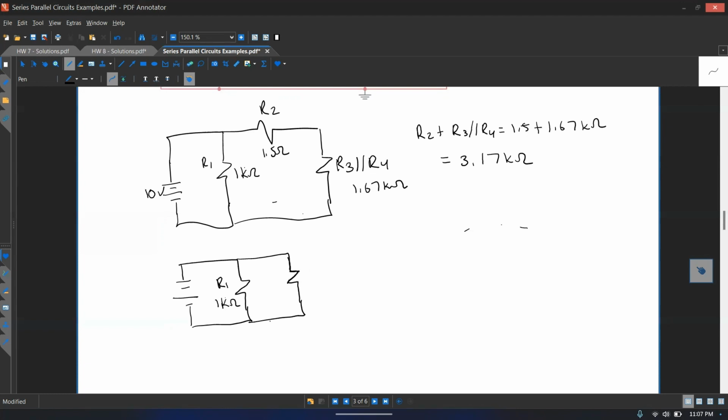So this resistor right here is going to be R2 plus R3 in parallel with R4, which equals 3.17 kilo ohms. All right, and so now we can see that R1 is in parallel with this series-parallel combination that's to the right of it. So we just add them up in parallel.